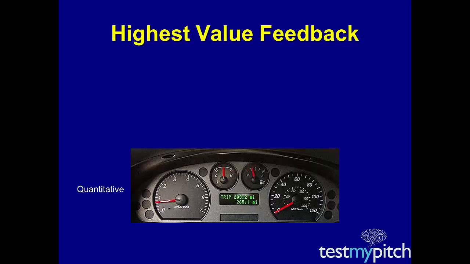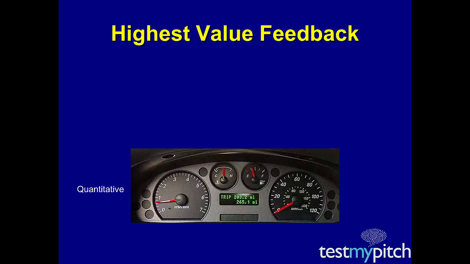Those instruments give us numbers, very specific data that allows us to make better decisions in operating our car. If we took away this quantitative feedback, successful operation of our car for a period of time would be really difficult, if not impossible.